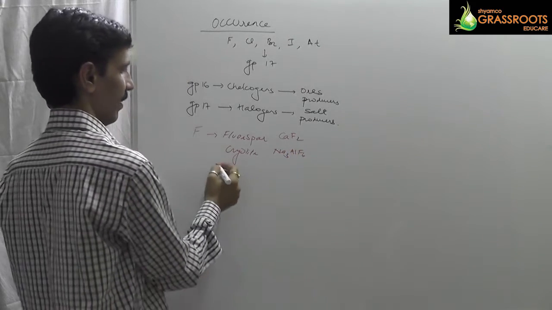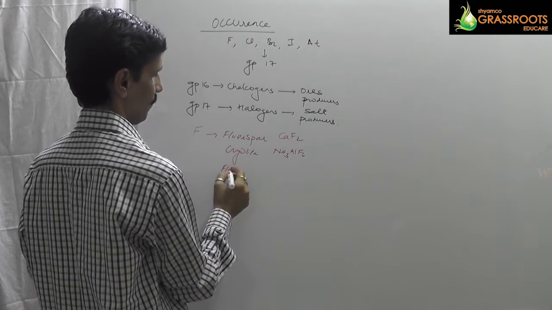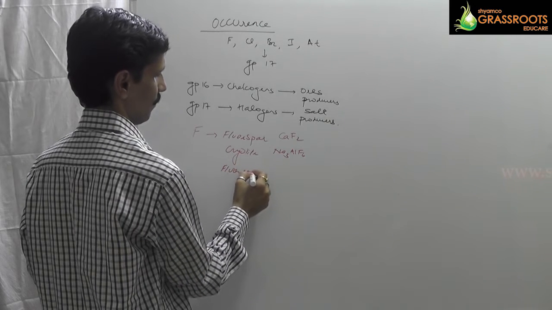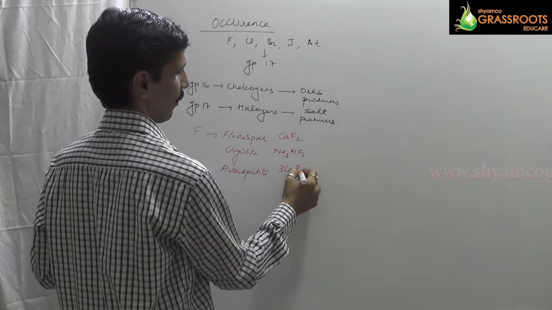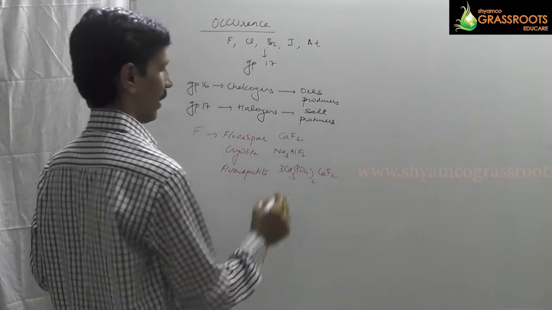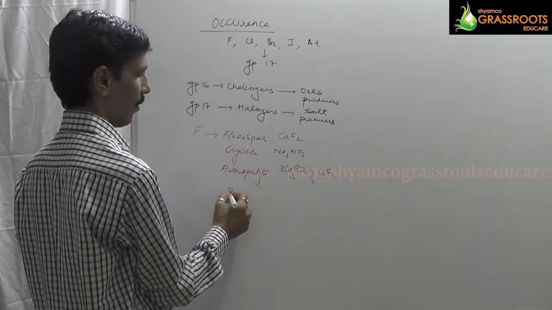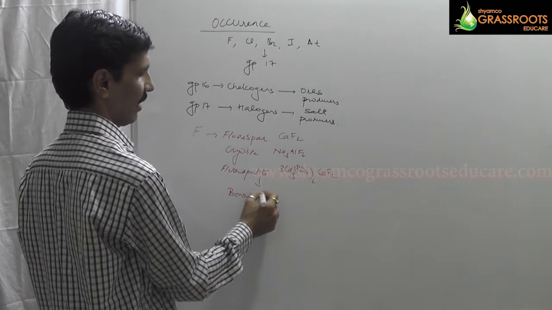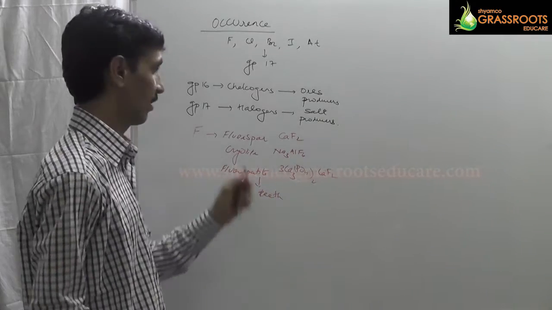We also have fluorapatite, that is 3Ca3(PO4)2 along with CaF2. Besides this, fluorine is also present in the form of bones and teeth of animals.